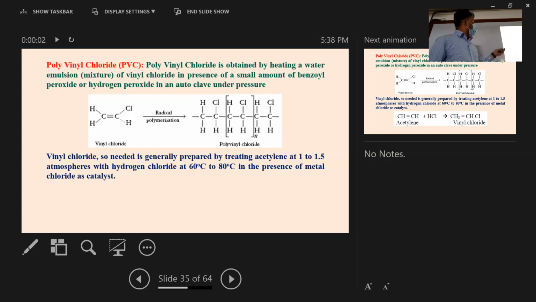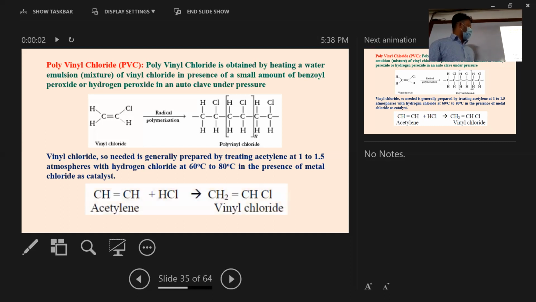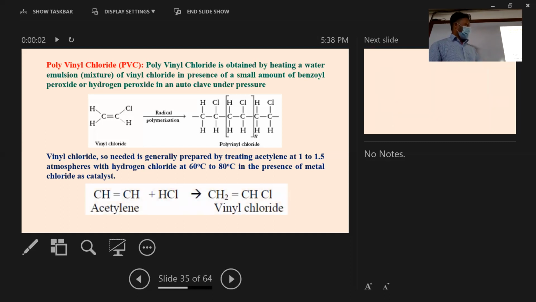To study the vinyl chloride, we don't need to study this. This is extra information, because I guess all of you are familiar with how we can synthesize the vinyl chloride. Acetylene, and this is vinyl chloride. The reaction between acetylene and hydrogen chloride gives the vinyl chloride.